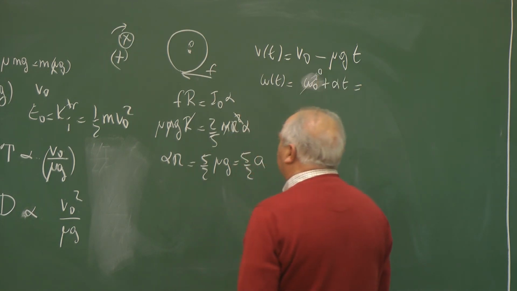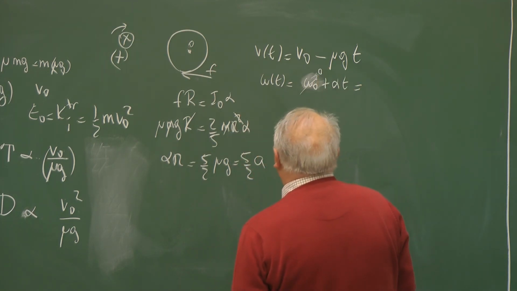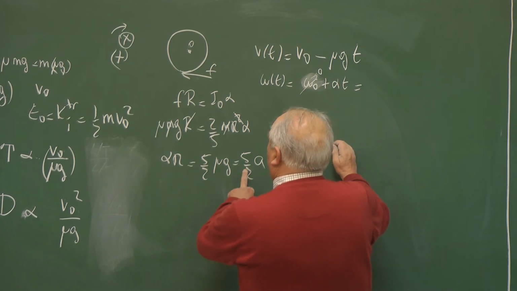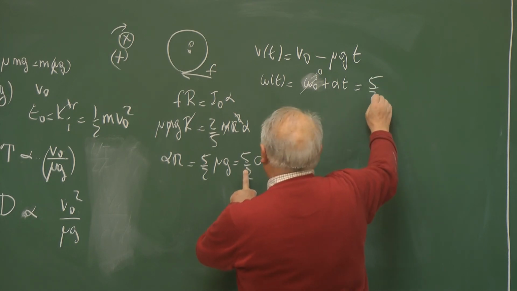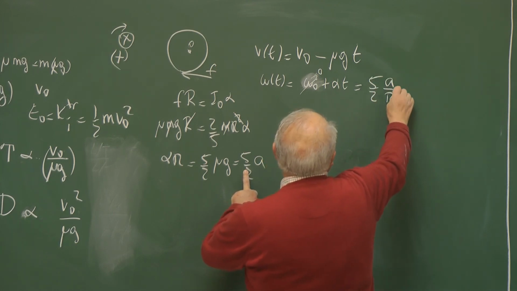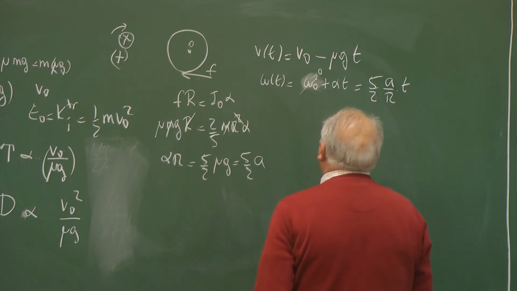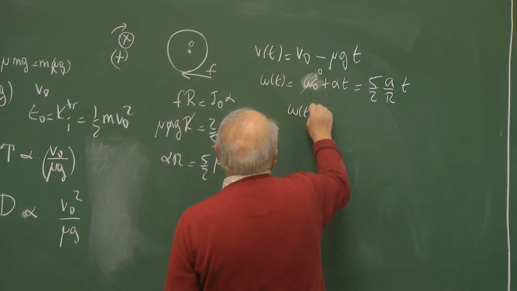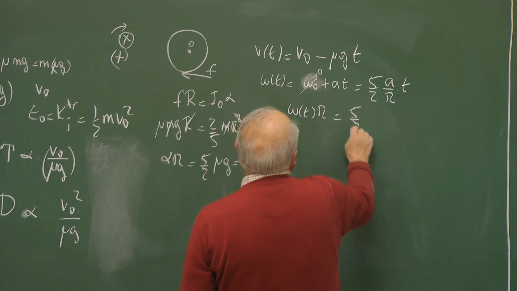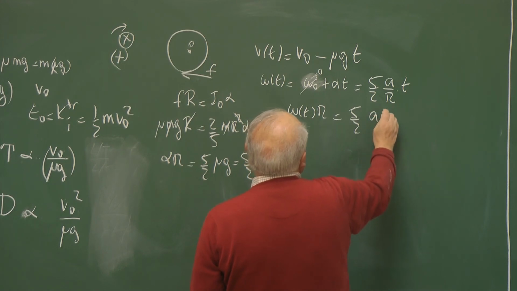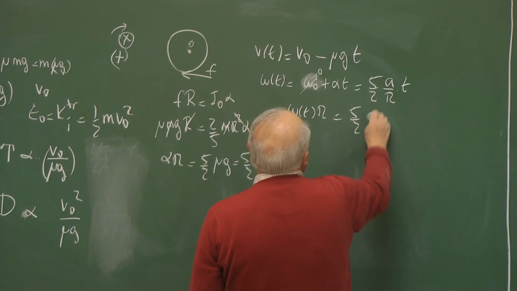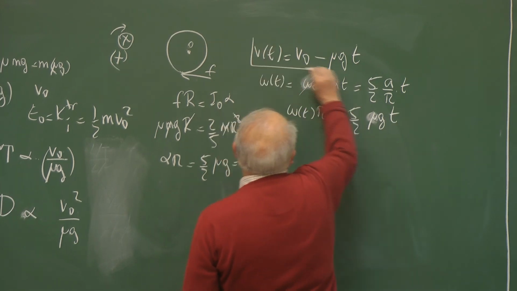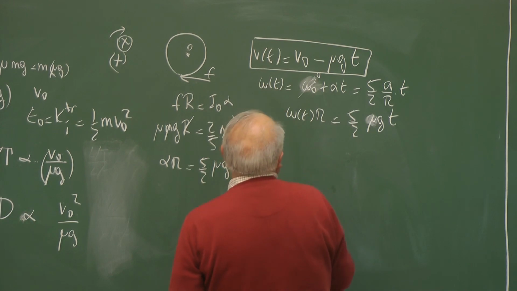That's simply alpha t, and alpha is 5 over 2 a over r, a is constant, times t. Or let me write omega t times r is 5 over 2 a, which is mu g t.